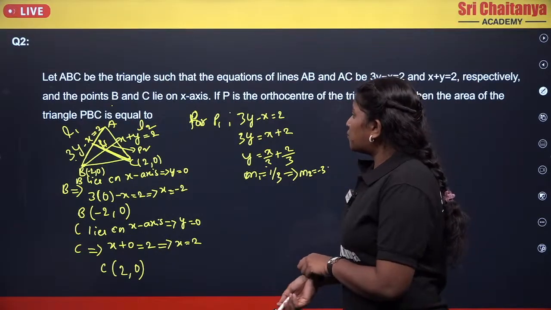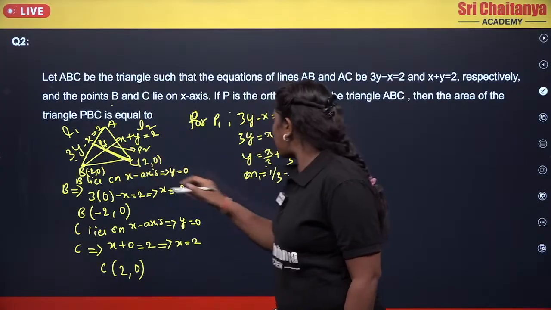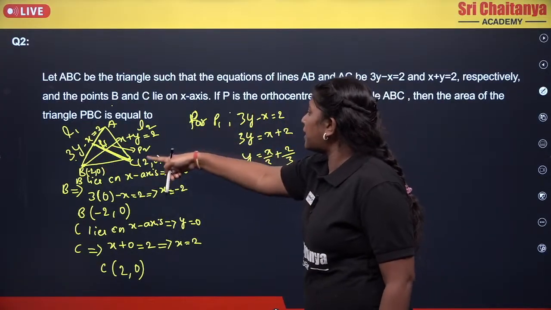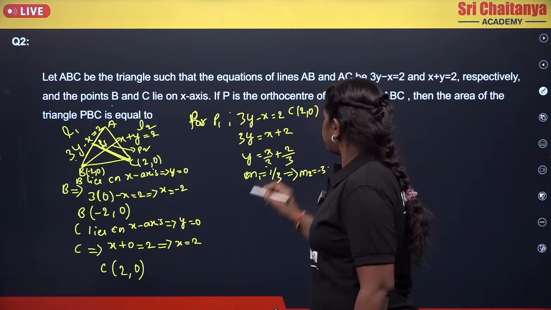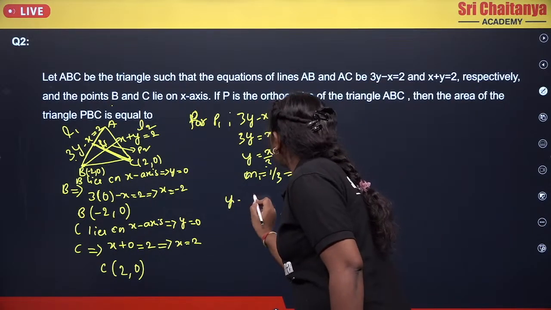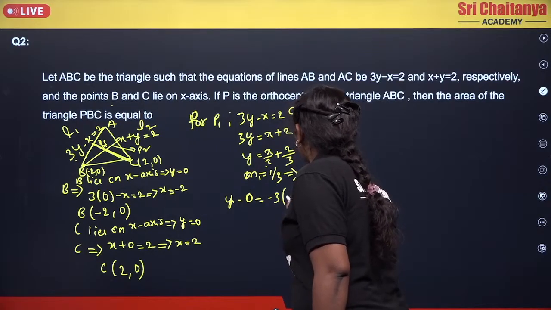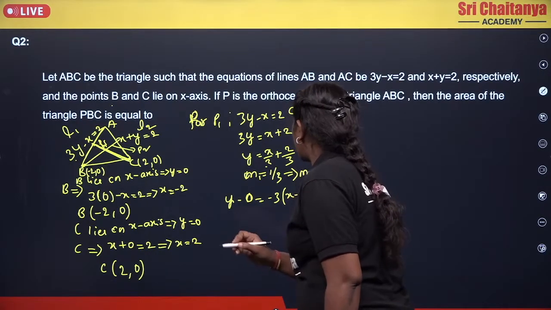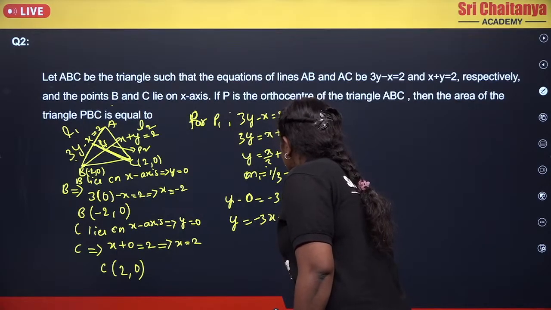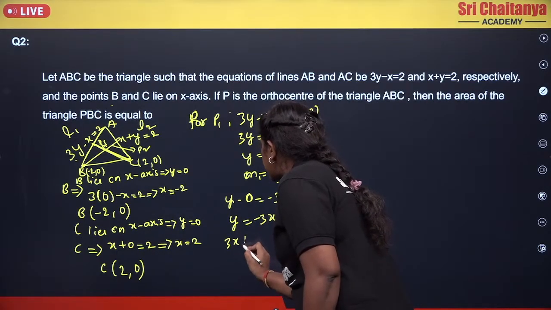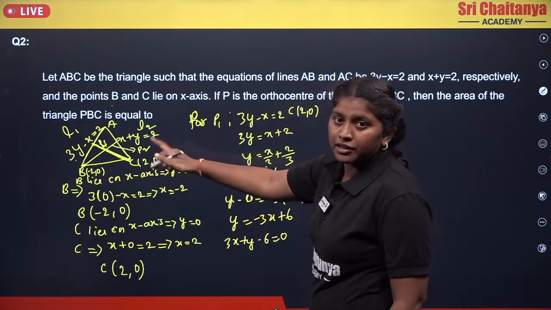Okay. So for perpendicular 1, we got the slope as minus 3, and we have one of the points, which is C, 2 comma 0. Now y minus 0 equals minus 3 into x minus 2. Okay. So y equals minus 3x plus 6. So that becomes 3x plus y minus 6 equals 0. This is your perpendicular 1.